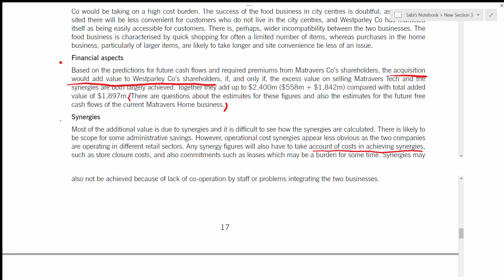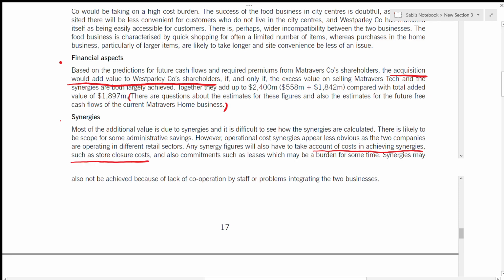What are the costs of achieving synergies? There are some costs, right? You have given up something somewhere. The benefits have been given up in some places so that you can get the benefit of synergy. You need to calculate the value you have lost to gain the synergy benefit, such as store closure costs.